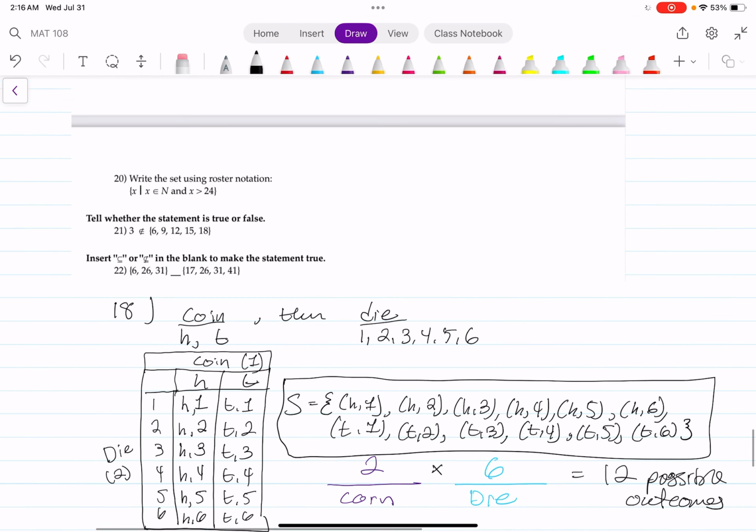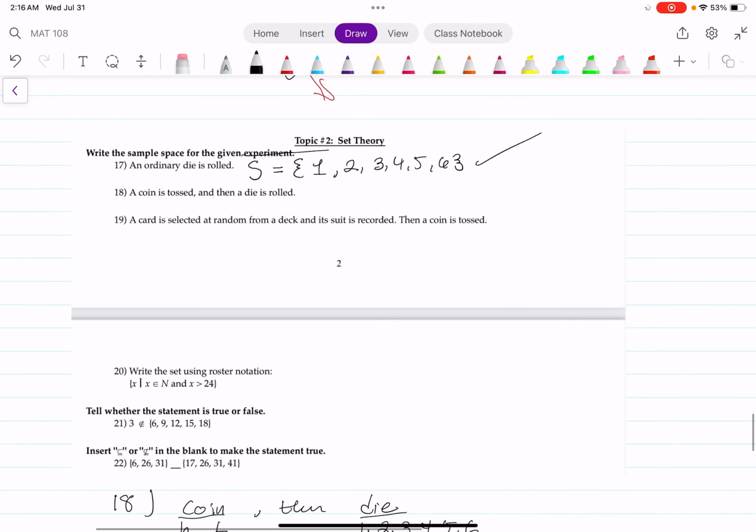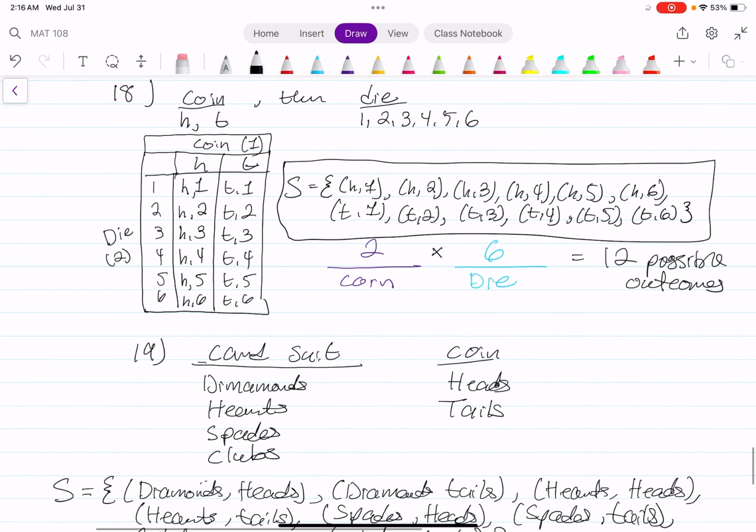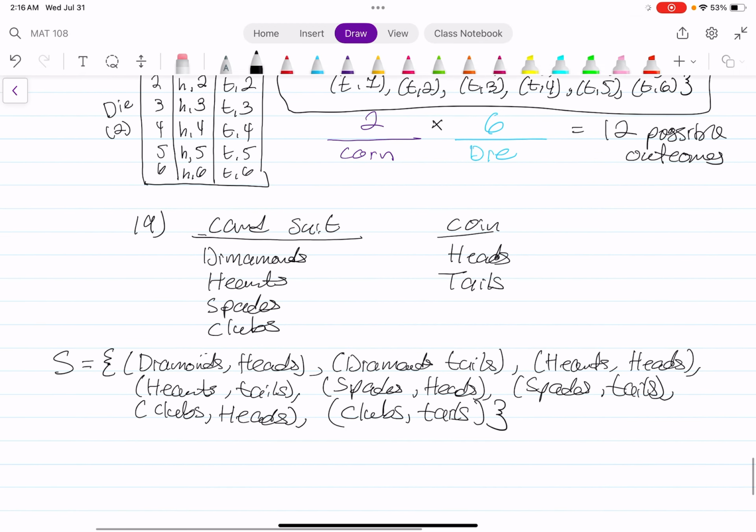Did I box it up here too? Let's go up here and box 17. And the same thing for number 19. There are 4 suits in the deck. And once again, there are 2 options you can have when you toss a coin, heads or tails.